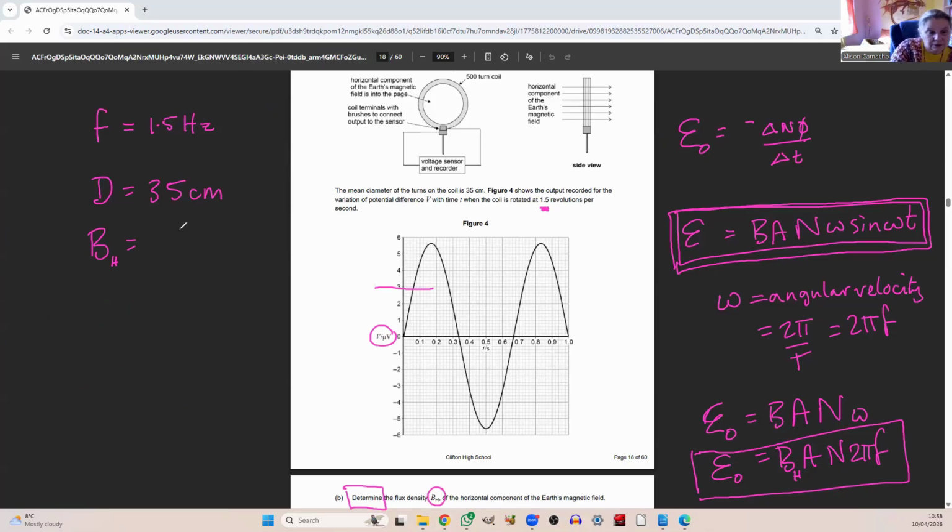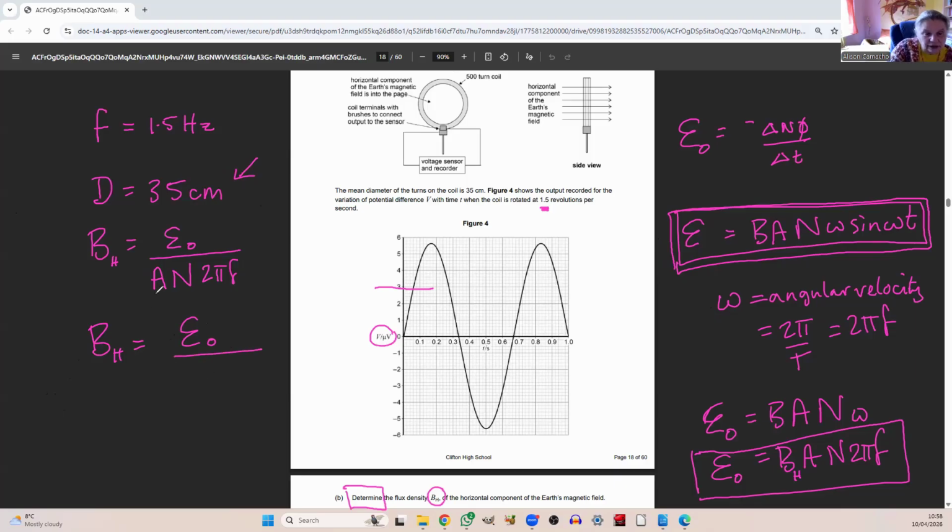So it's epsilon naught over the cross-sectional area, the number of turns, and 2 pi f, which is omega. Now, we haven't got the area. What have we got? We've got the diameter. So can you see how easy this is if you are confident using the information on your data sheet?